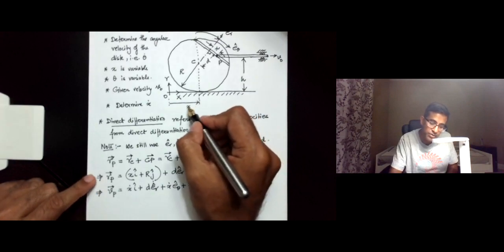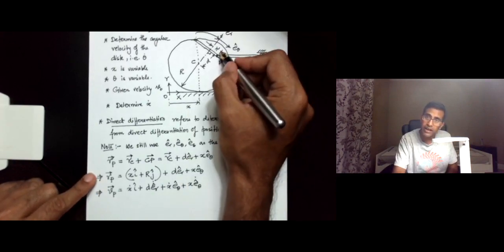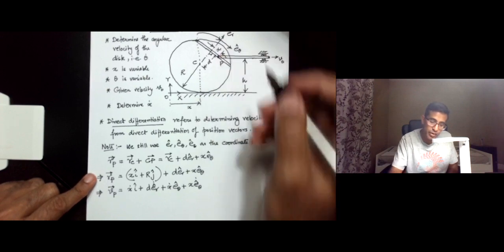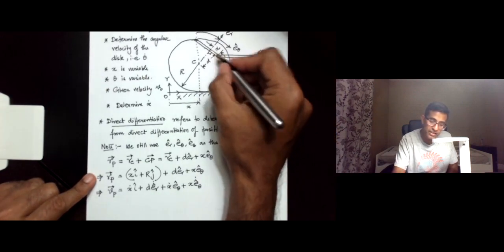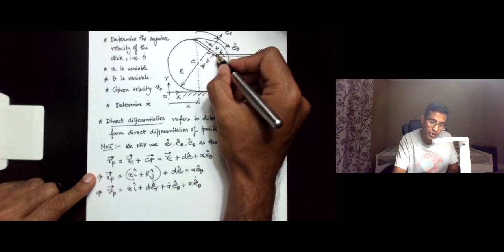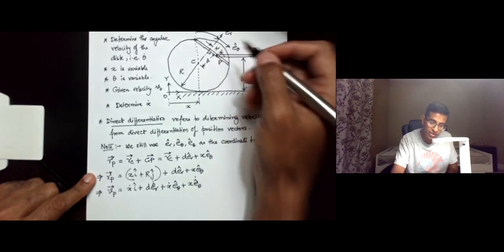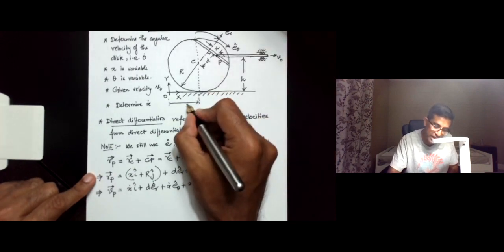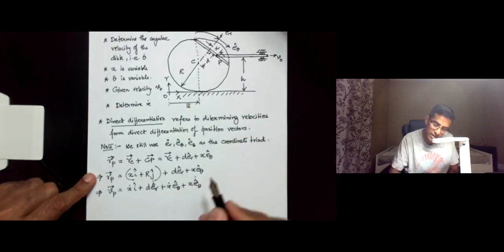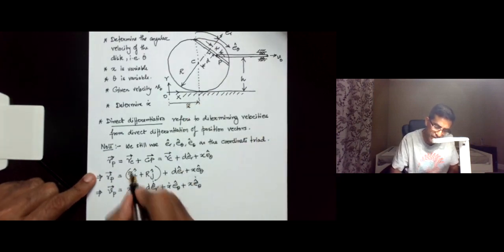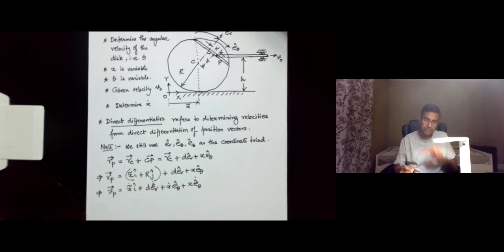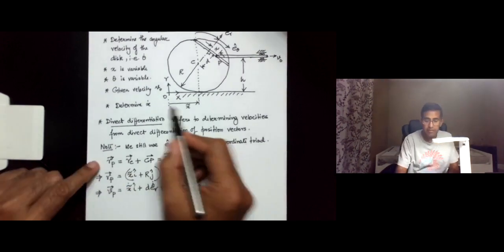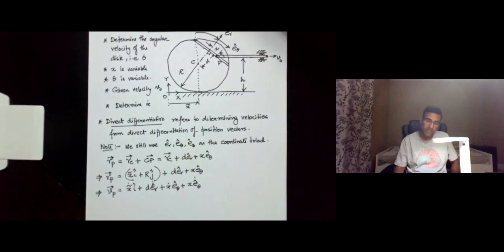I'm using an x over here while I have used the same variable x to represent the distance along the slot between the point P and the center of the slot. So I need to change this. I'm going to call this x tilde, so this is going to be x tilde dot. So x tilde represents the instantaneous position of the center of the disk.